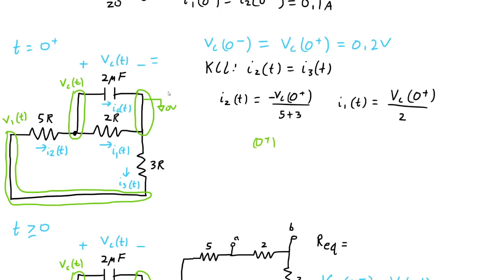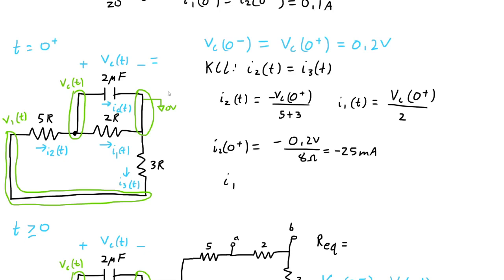So that's where that comes from. Anyway, we can say that I2(0+) is equal to minus 0.2 volts divided by 8 ohms, which is minus 25 milliamps. So it's quite opposite. And that makes sense because if we have 0.2 volts over here and then 0 volts over here and the current goes this way, that makes physical sense. Everything is working. It's all good.